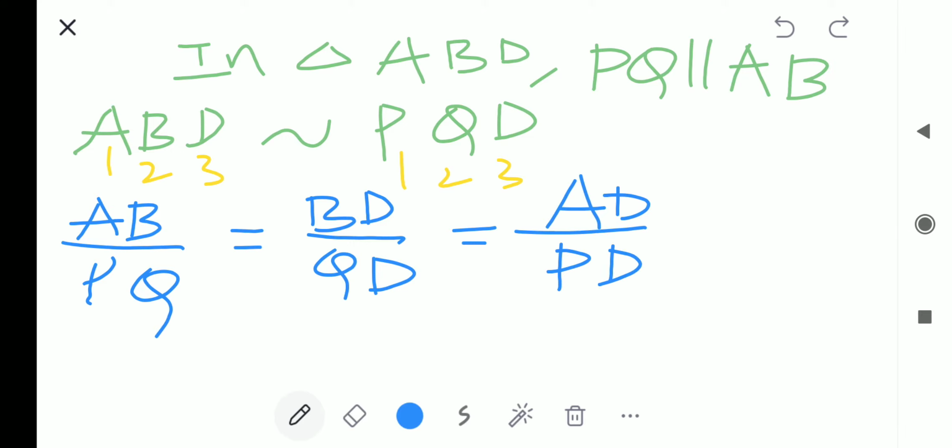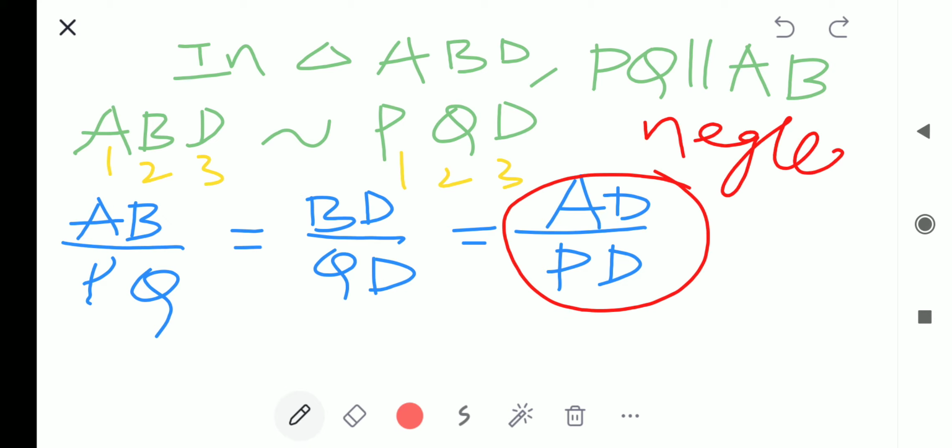From which the AD by PD ratio is neglected. Then what I have now is AB by PQ is equal to BD by QD.